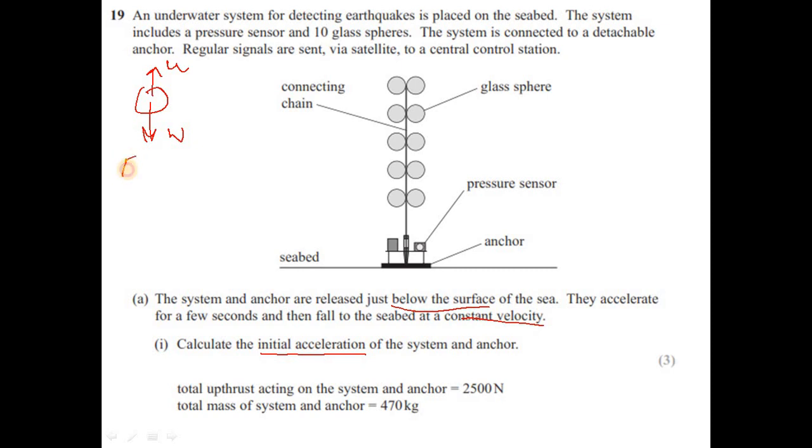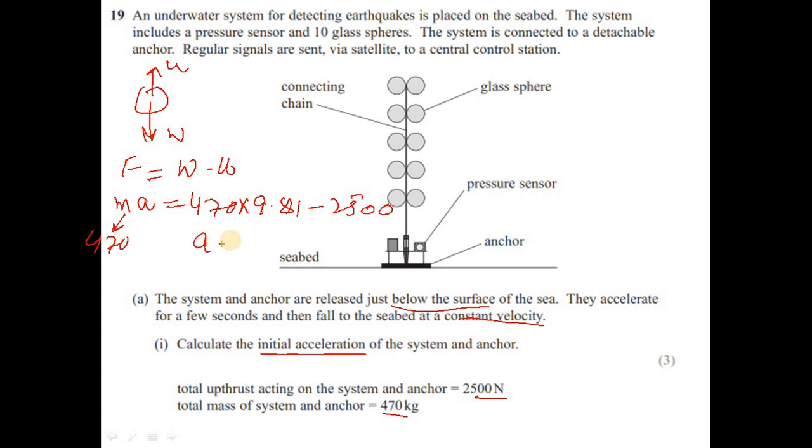So you can say that F is equal to W minus U, and F is ma equal to W minus U. Upthrust is 2500 newton and the mass of the system is 470 kg. So you can say that W is the mass of the system, 470 times 9.81, minus upthrust 2500. So you can find the acceleration after replacing this m with 470, and if you do that, the initial acceleration you will find is 4.5 m s^-2. This is the acceleration.